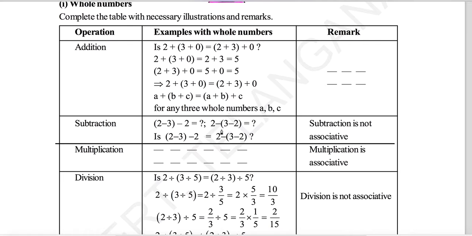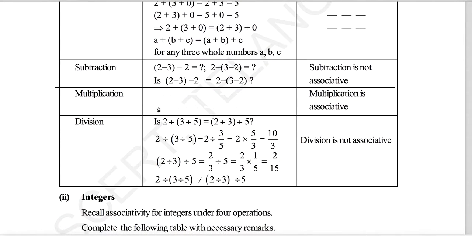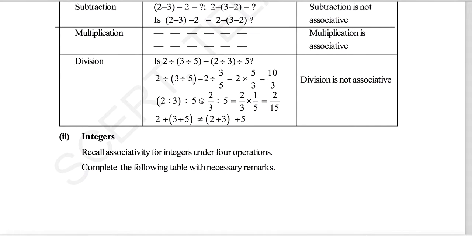What about the other grouping? 3 minus 2 is 1, 2 minus 1 is 1. So the results differ, so subtraction is not associative. Multiplication is associative, no problem. What about division? Division is not associative. I'm telling you again, division is not associative.